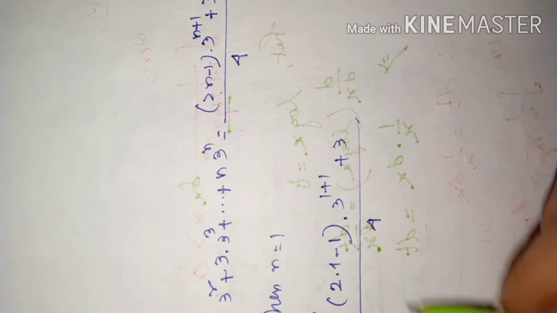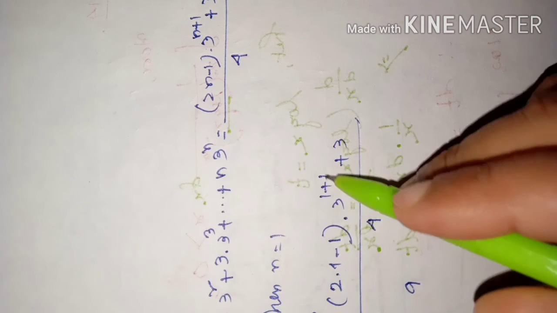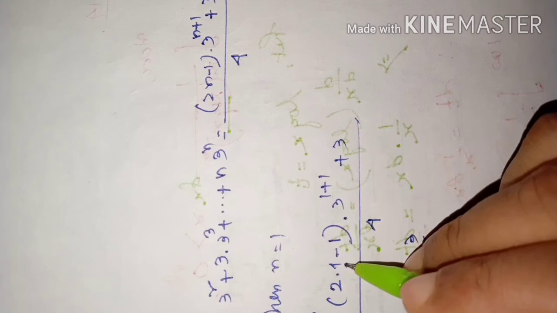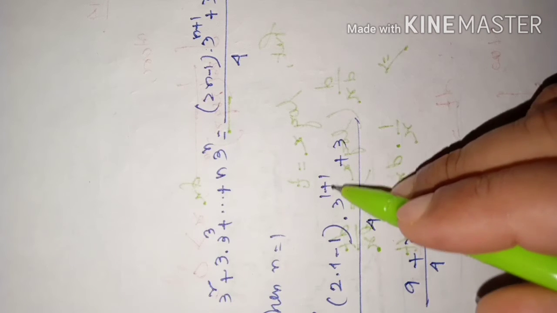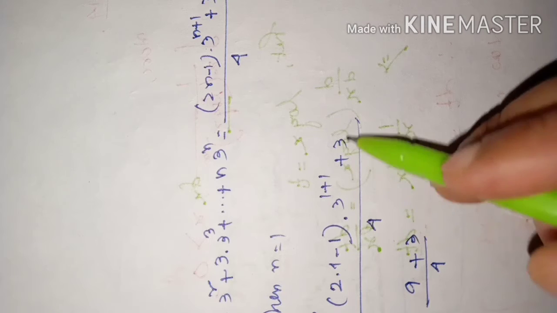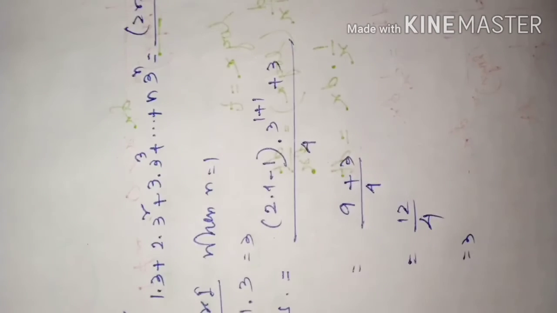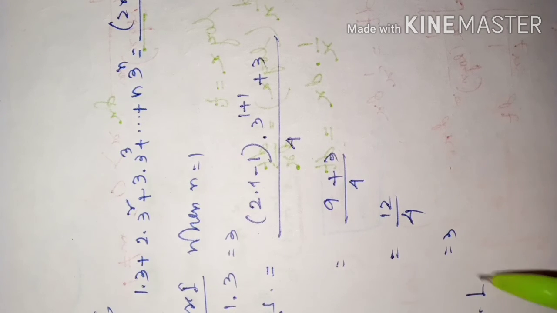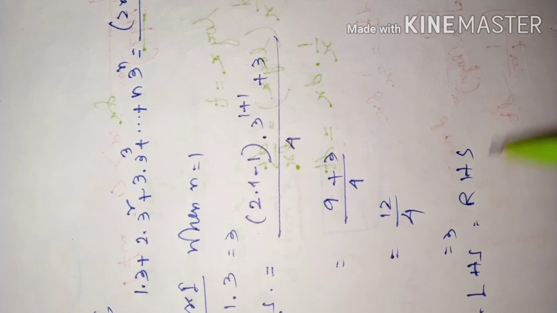Since 2 into 1 is 2, 2 minus 1 is 1, into 3 to the power of 1 plus 1, which is 3 square, that is 9. 9 plus 3 is 12, 12 by 4 is equal to 3. So we got 3 from the right hand side also. Therefore left hand side is equal to right hand side. The statement is true for n equal to 1.